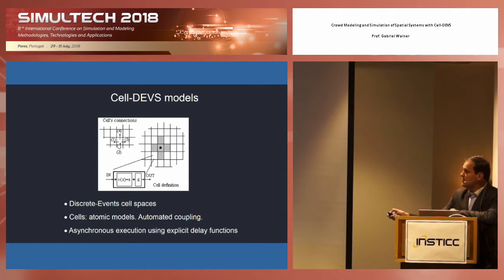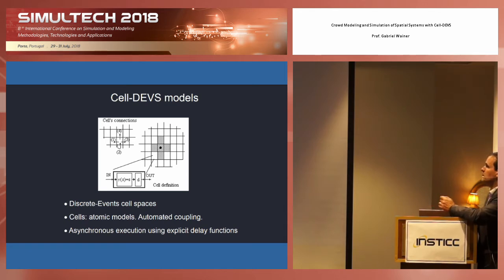The idea is that you have a grid of cells. Each one of the cells has a computing machine, implemented with DEVS. When each cell receives an input, it activates. The cells are not doing anything otherwise, so you don't waste compute time computing useless things. When you receive an input, you activate a computation function that may produce a state change.